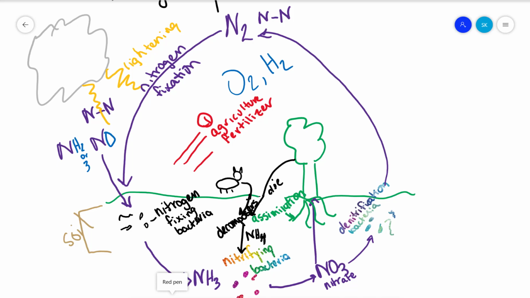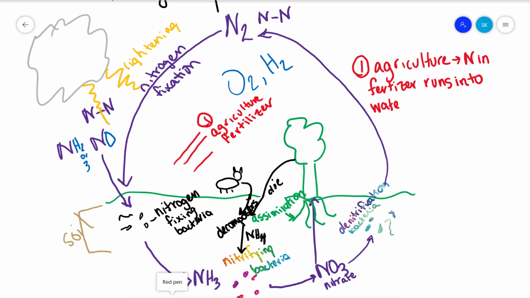And when it goes into the water, it creates eutrophication. So number one, agriculture: the nitrogen in fertilizer runs into water and creates eutrophication.